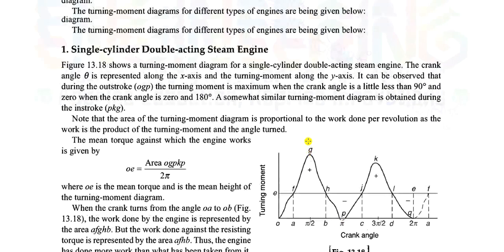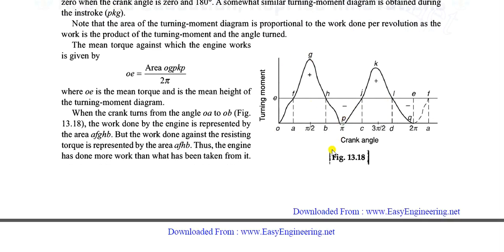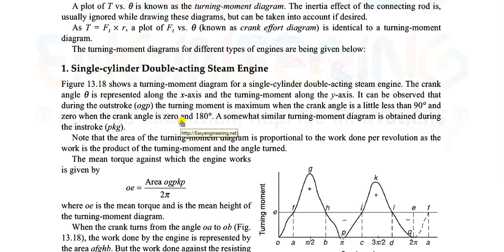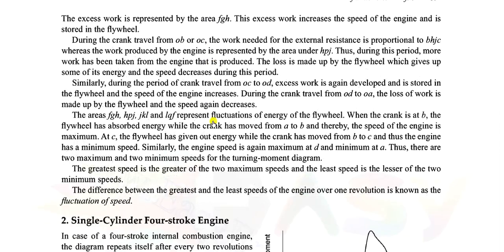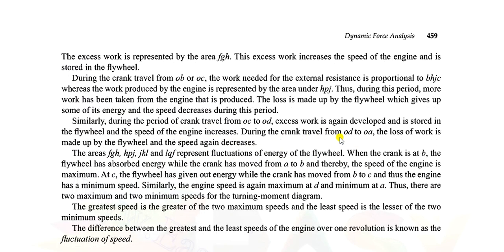So the diagram will be like this. They will give us this diagram, that is not a problem. How to solve the problem and what we will calculate, we will understand in the next couple of slides. This represents the fluctuation of energy.